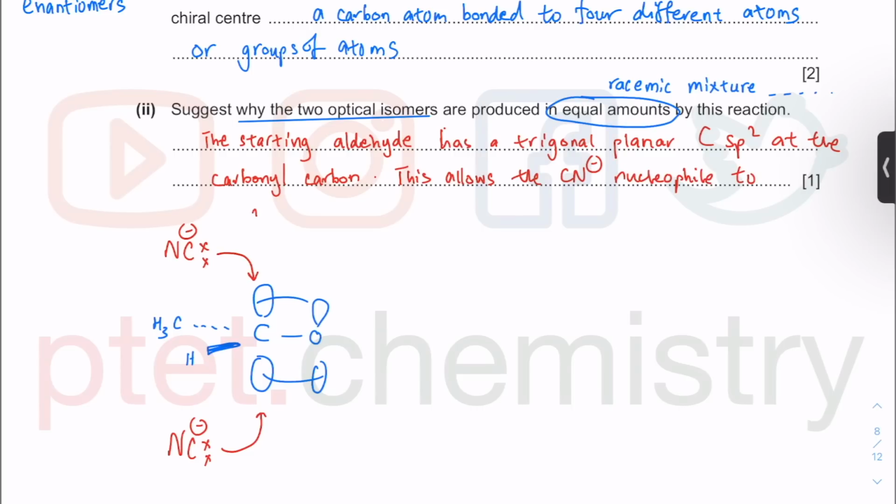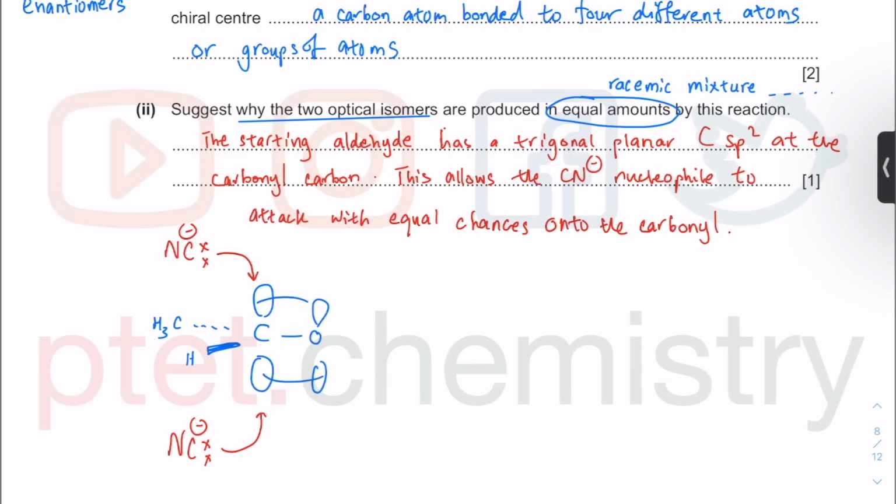It's about equal opportunity that results in equal proportions of the resulting optical isomers, where the CN minus will attack from the top and be stuck on the carbon from the top, or the CN minus attacks from the bottom and the carbon there will be formed at the bottom face. So they attack the carbonyl with equal chances, and therefore you get a racemic mixture.